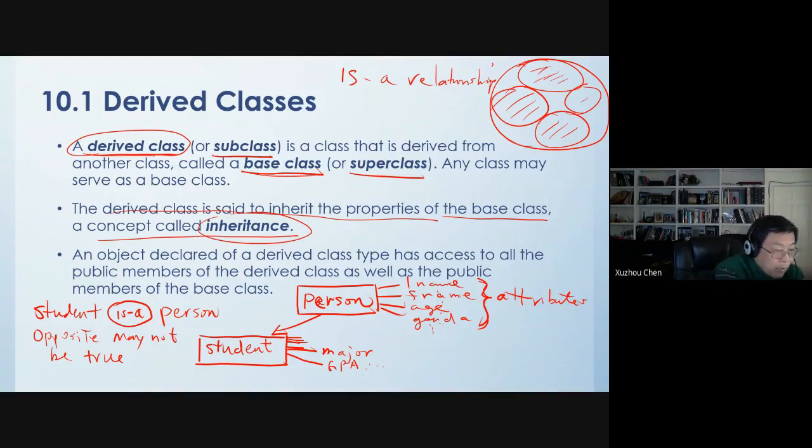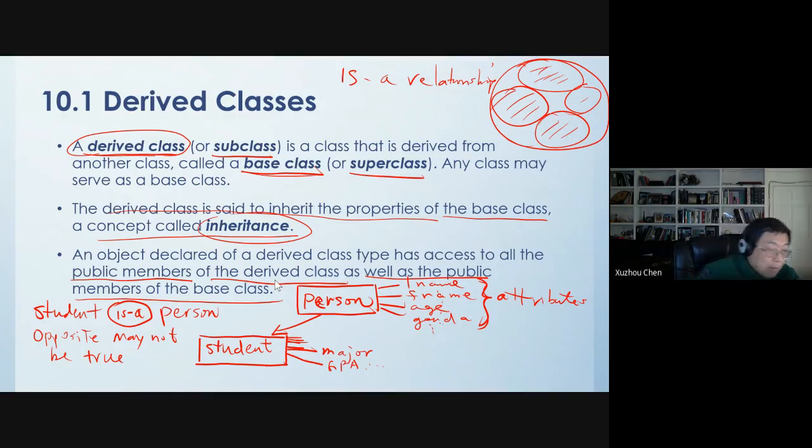So an object declared of a derived class type has access to all the public members of the derived class as well as the public members of the base class. Now that's very important.